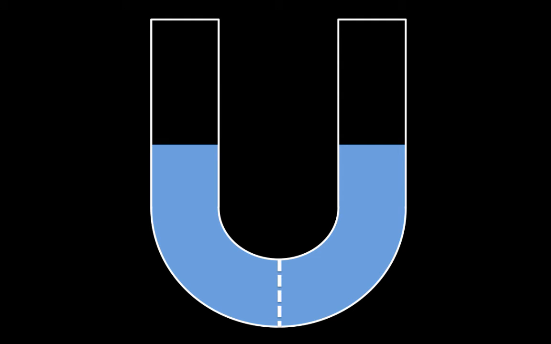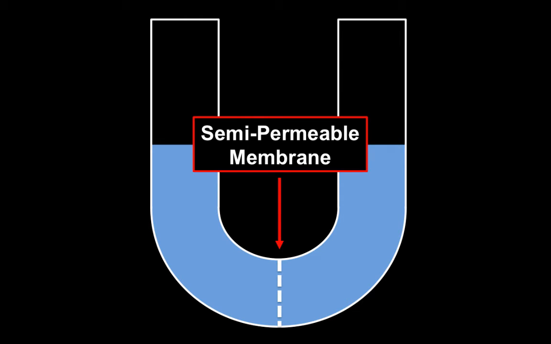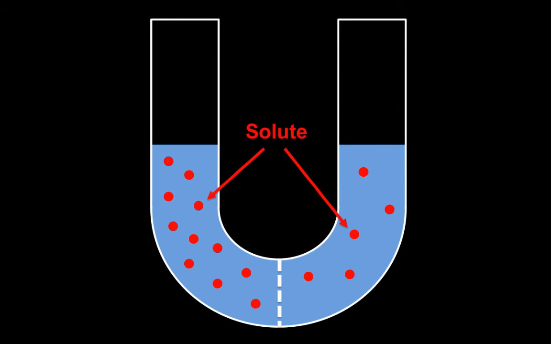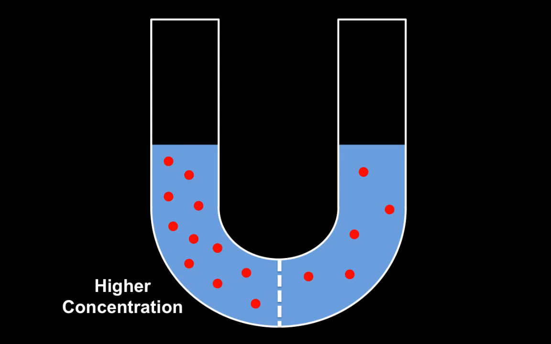Alright, here's another example. This is a different scenario. I have this U-shaped container, and I have this semi-permeable membrane that's separating the two sides of the container. On either side of this membrane I have water, and in that water I have some dissolved solute. Now notice that I have a higher concentration on one side than the other, which means that water is going to move.